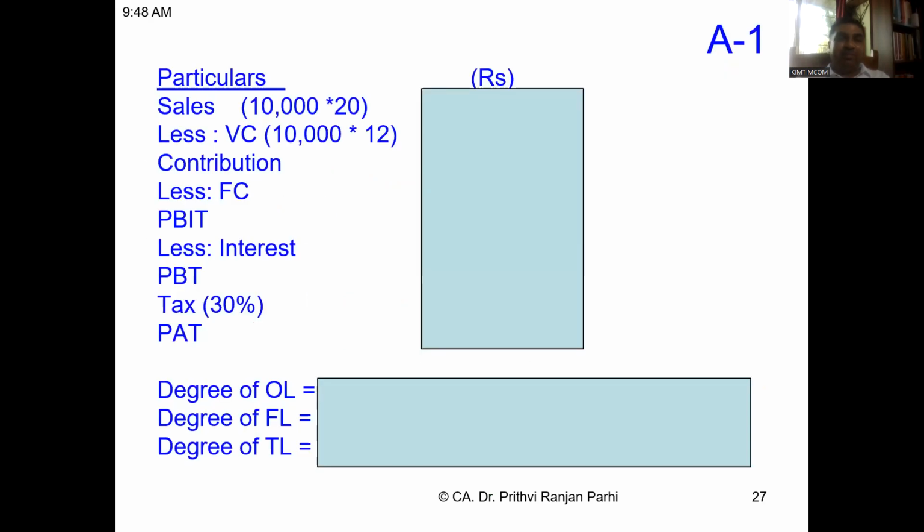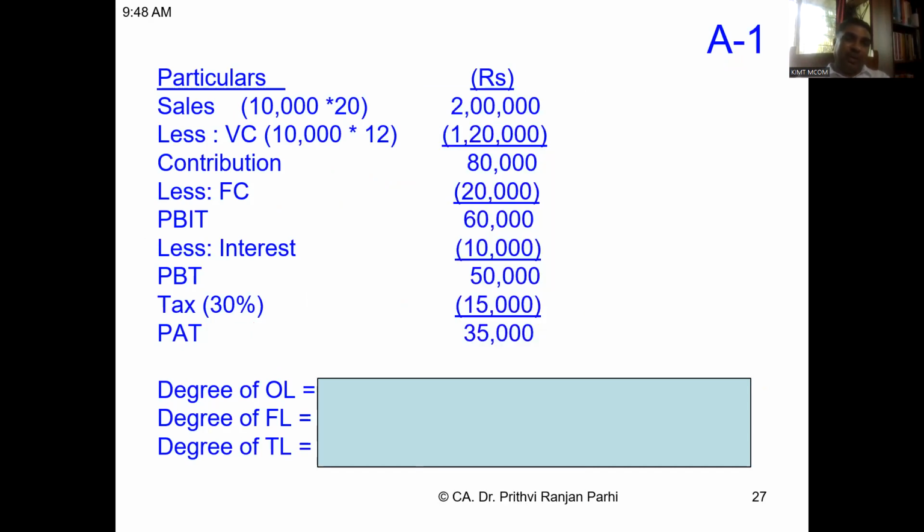Please have a look. Sales per unit is available, and we can take it as a total also. Total sales is 10,000 into 20, 2 lakh rupees. Less variable cost, 10,000 into 12, 1,20,000 rupees. So the total contribution is 80,000. Per unit contribution: 20 minus 12 is 8.